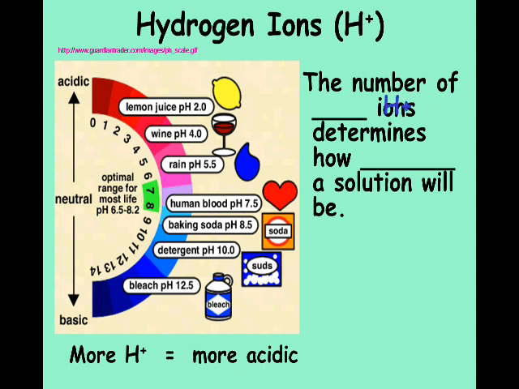The number of hydrogen ions determines how acidic a solution is going to be. The more hydrogen ions you have, the more acidic the solution is. That's why we measure hydrogen with a scale called a pH scale. You may have done some testing with pH paper to see how acidic different liquids were. And that's what the H in pH stands for. It's measuring hydrogens. And we're going to talk more about that.